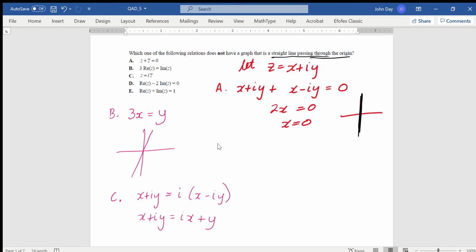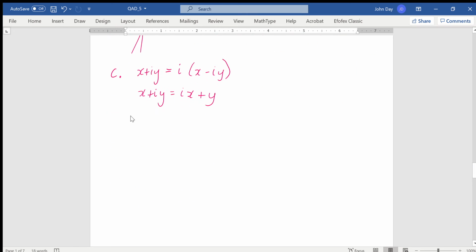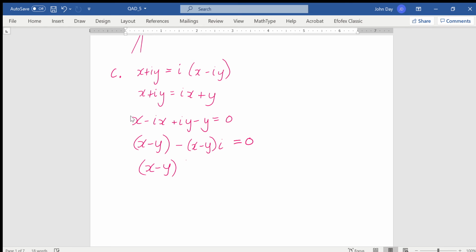So I'll just move down to give myself a bit of room here. That's x minus y, and then x plus iy minus ix minus y equals 0. So I've got x minus y, and minus x minus y times i equals 0. So that's x minus y into 1 minus i equals 0.